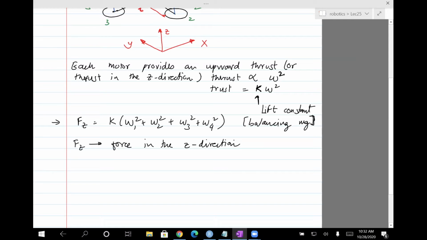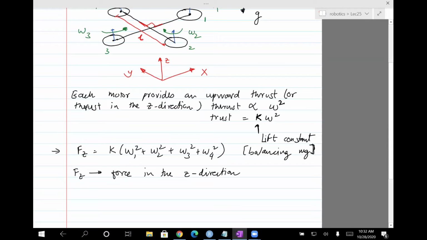Now these individual motors also allow the quadcopter to rotate about the x-axis, rotate about the y-axis, and rotate about the z-axis. Let's call the rotation about x tau x, rotation about y is tau y, and rotation about z is tau z.